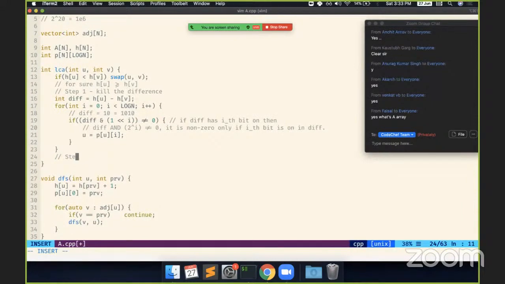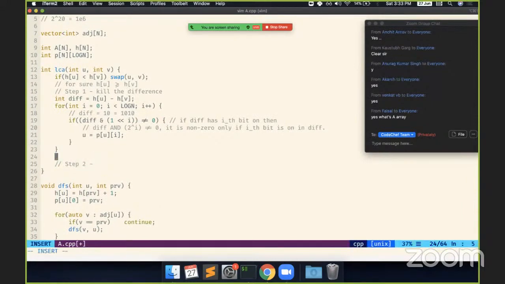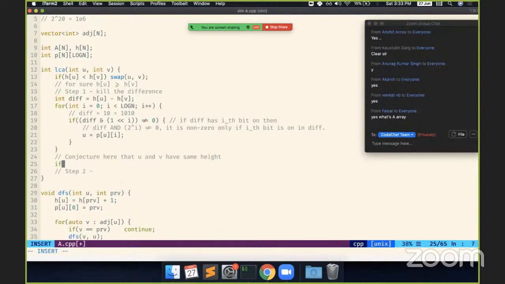Is this clear that after the step, try to remember what we discussed in the notes. That we had this conjecture, right?